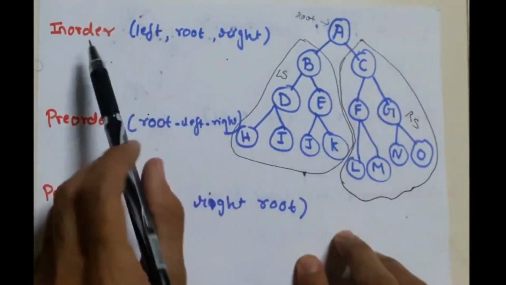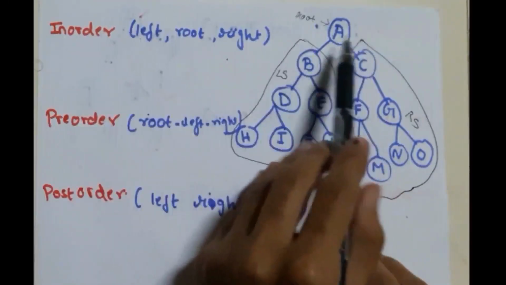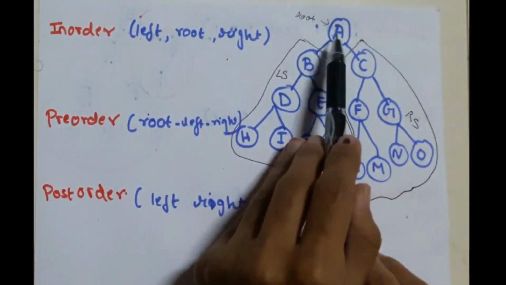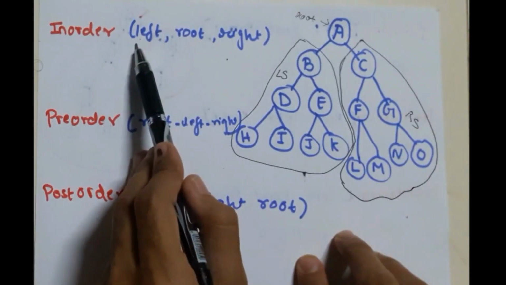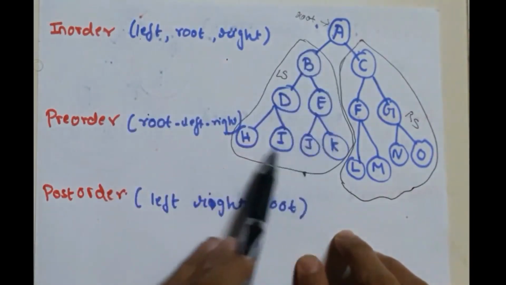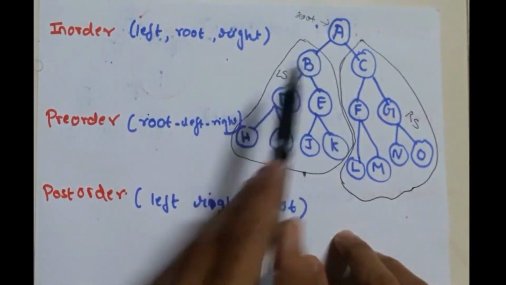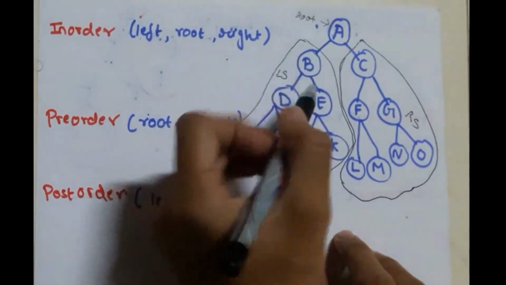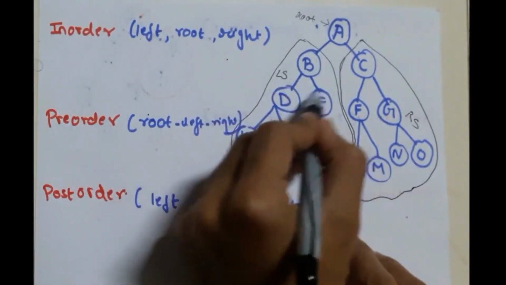Okay. So according to the in-order traversal, root is A. So before root, what we'll see? The left subtree. So we'll visit the left subtree. In the left subtree, B is the root for these two subtrees, isn't it?